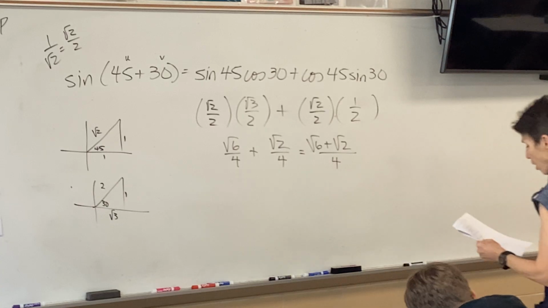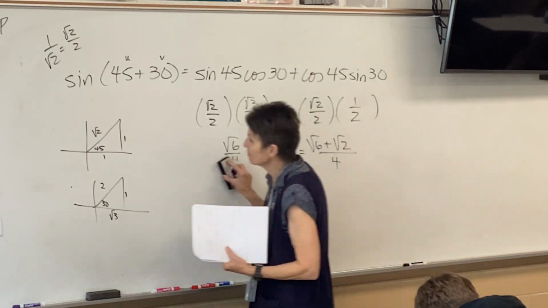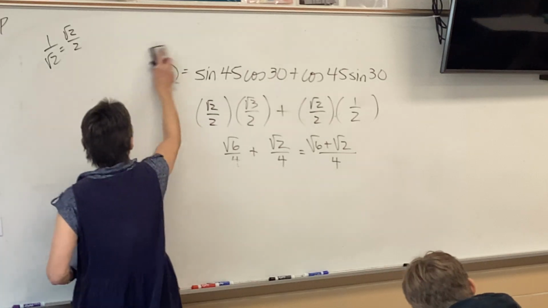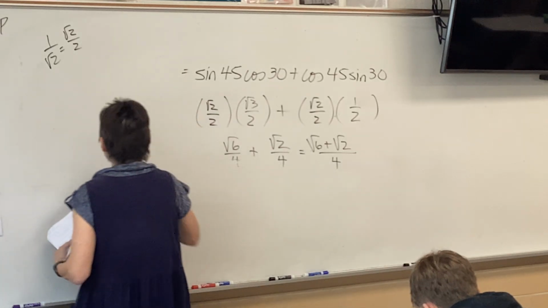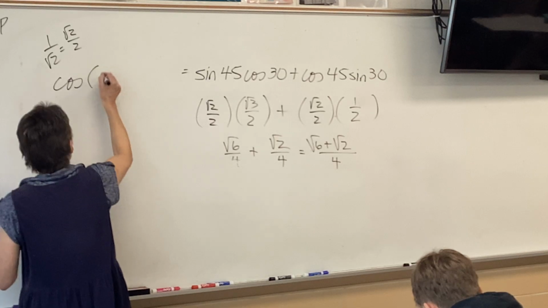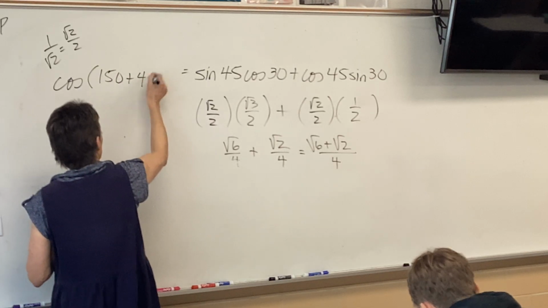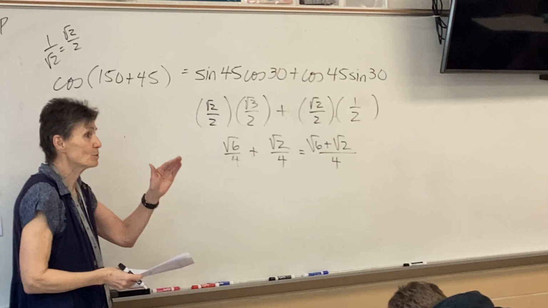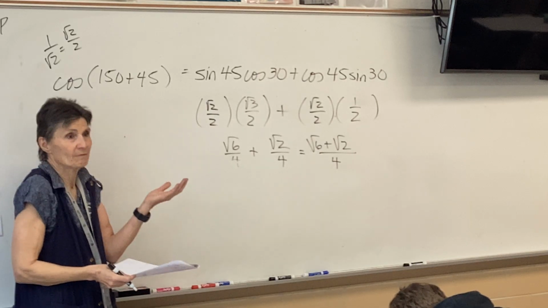All right, you have a thought on cosine 195? Cosine 150 plus 45. Now, I know I said this before, but I want you to be comfortable with the fact you don't have to use 150 and 45.